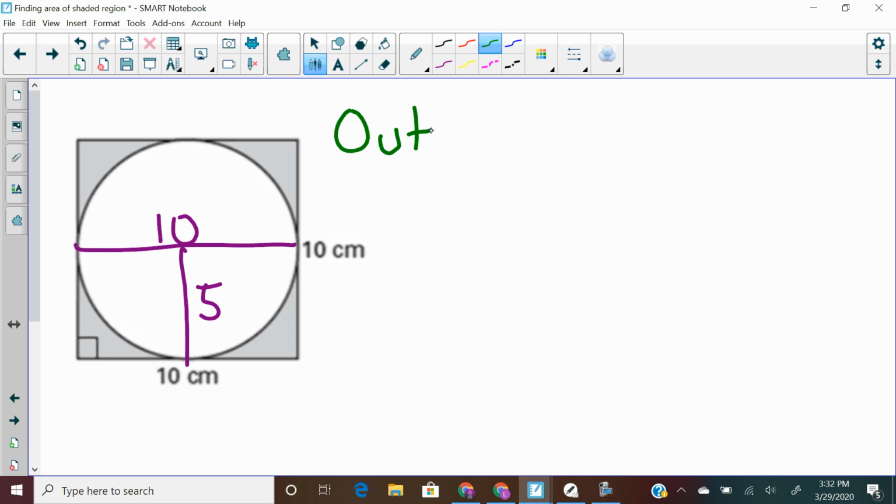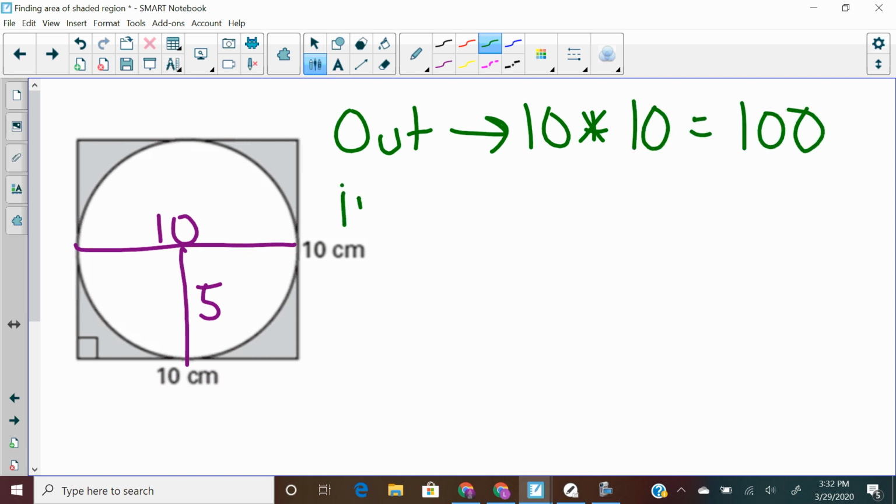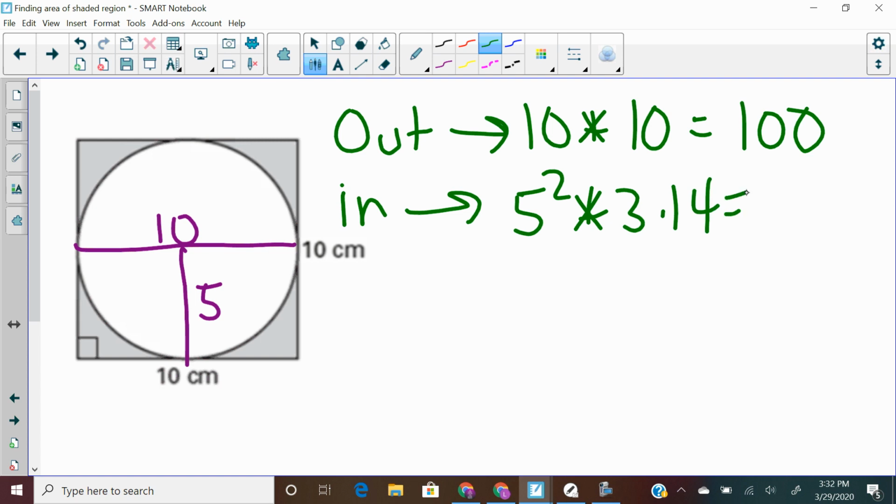For a square, I do base times height, so 10 times 10, or 10 squared, which I know is 100. The inside is a circle, so I'm going to do 5 squared times 3.14, which is 25 times 3.14, 78.5.